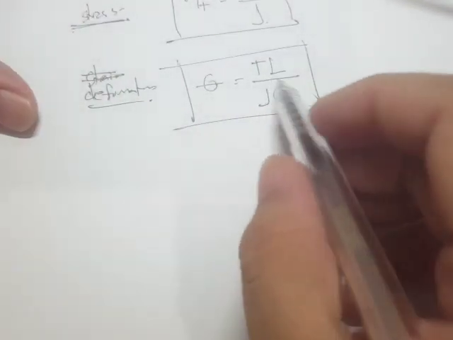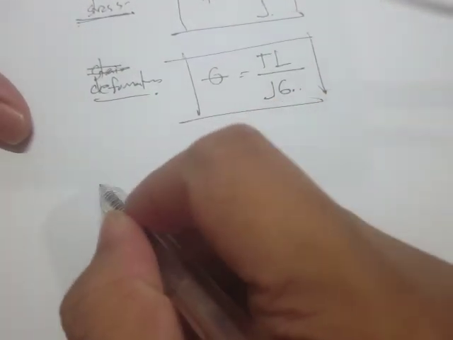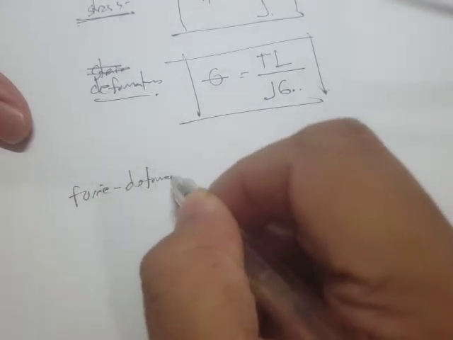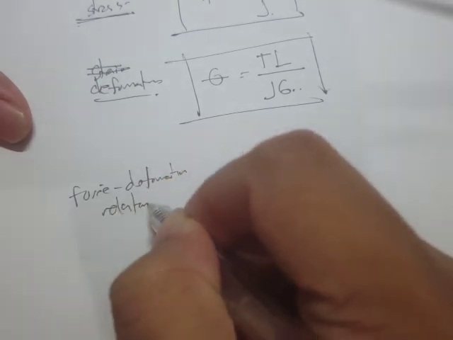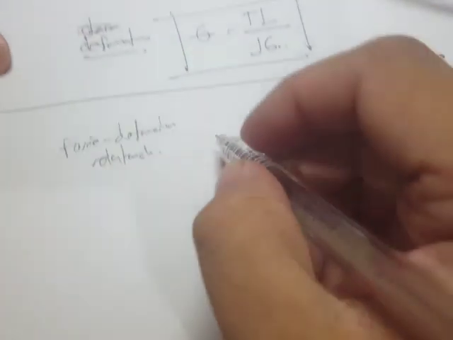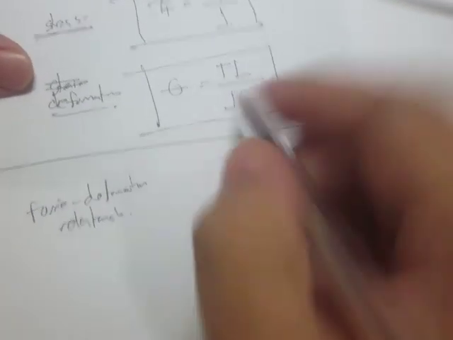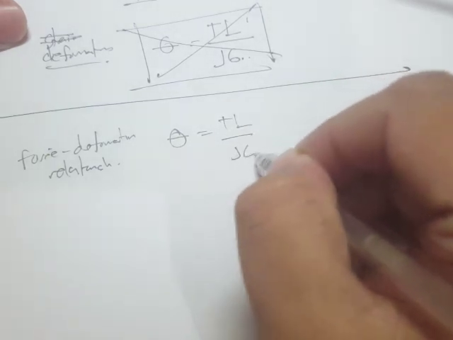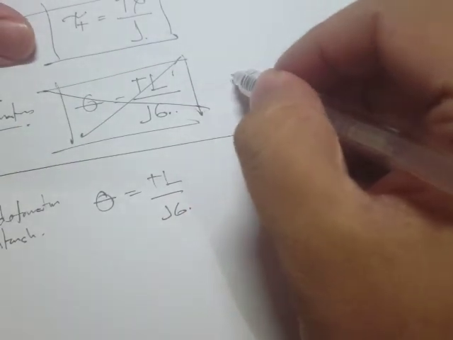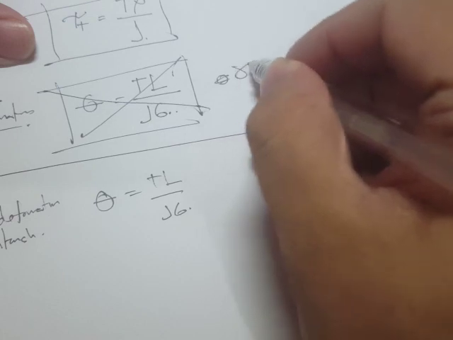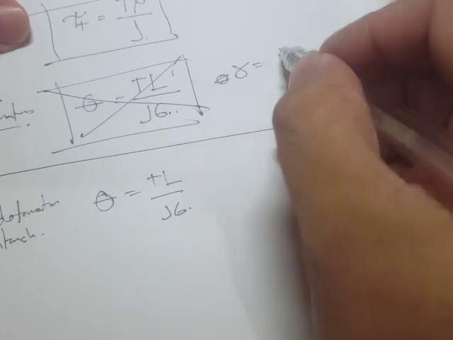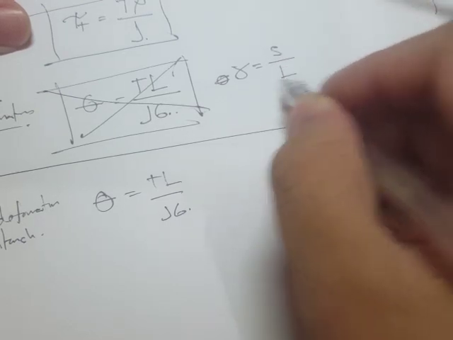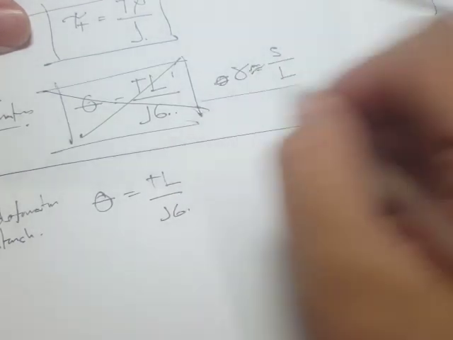All right, and what else? We need the force deformation relationship. Actually, this must be the force deformation relationship, TL all over JG. For the deformation, I think shear strain is just equal to the arc length divided by L, right?